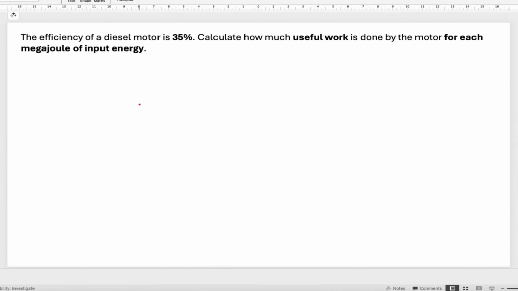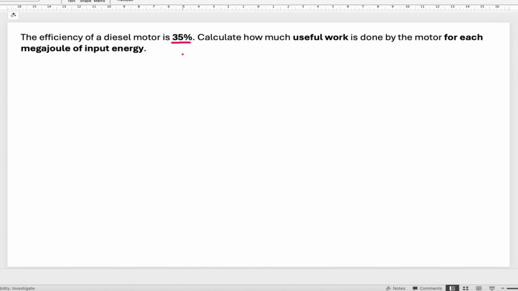The efficiency of a diesel motor is 35%. Calculate how much useful work is done by the motor for each megajoule of input energy. Okay, so the efficiency is equal to 35%. The input energy in this case is equal to 1 megajoule.